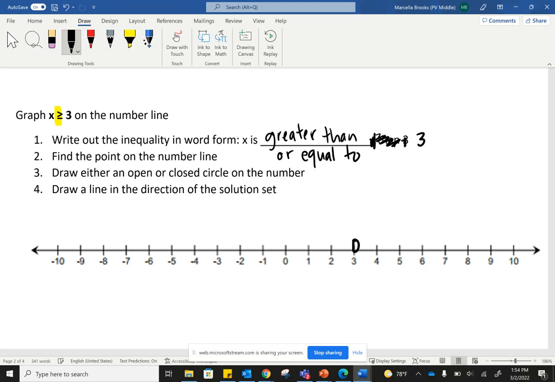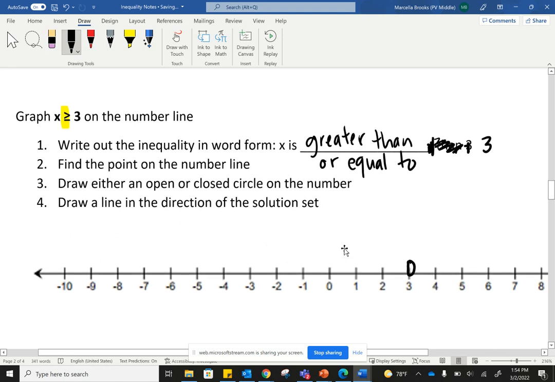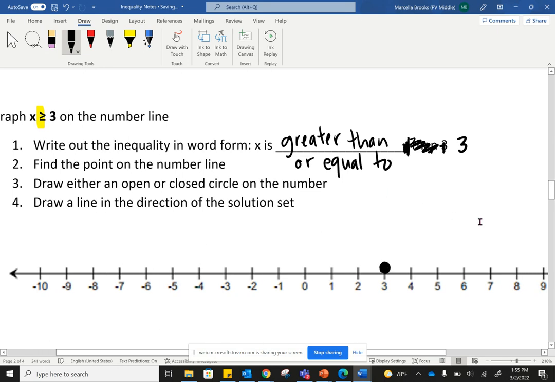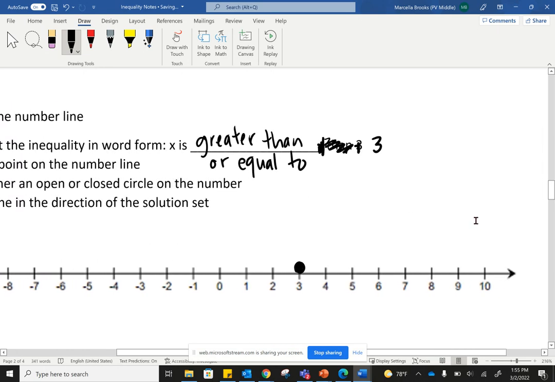It is not going to be an open circle because remember I said if it has a line on the bottom, we do the closed circle. So a closed circle, a filled in circle at the 3, and then shade in the direction where the values are greater than or equal to 3. So is 4 greater than 3? Yep, sure is. So we're going to shade in the direction of the 4, 5, 6, 7, 8, 9, 10.